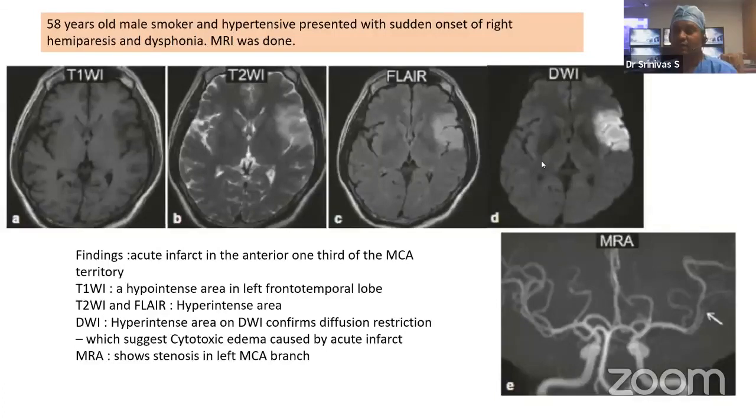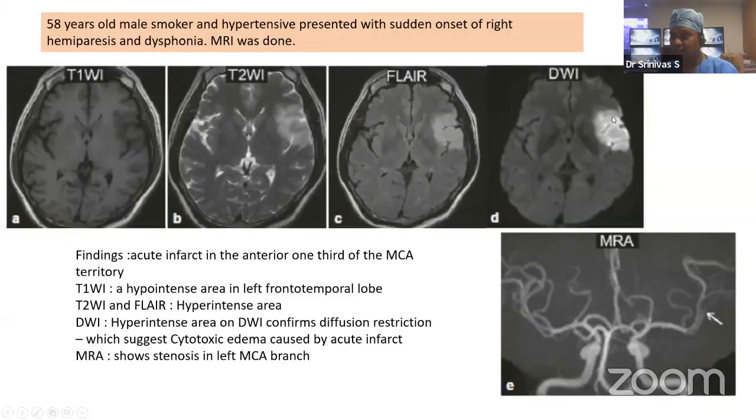So we will see a patient, a 58-year-old male smoker and hypertensive, who presented with sudden onset of right hemiparesis and dysphonia. CT was done, there was no bleed, then MRI was performed. Here you can see in the diffusion weighted image, which is the most sensitive imaging modality for knowing the ischemia.